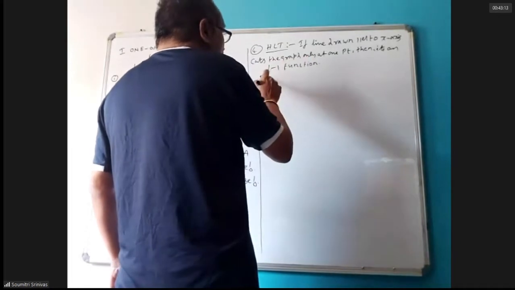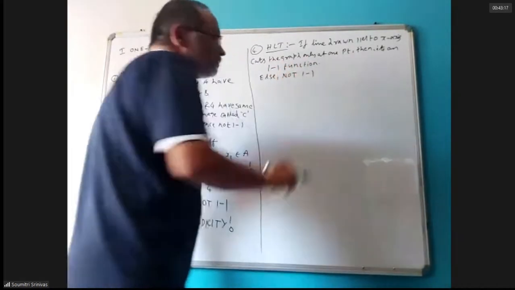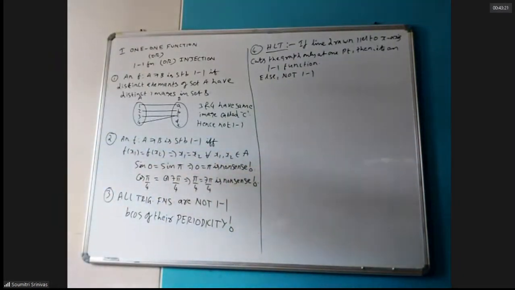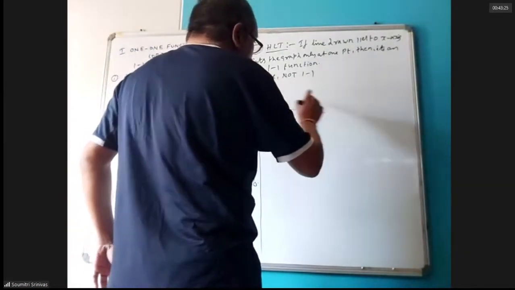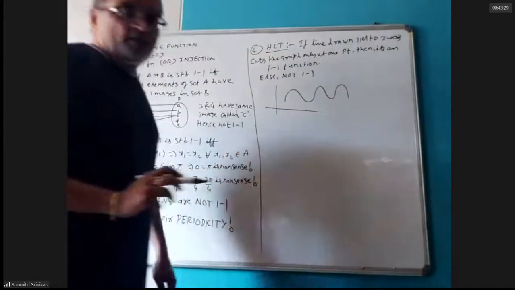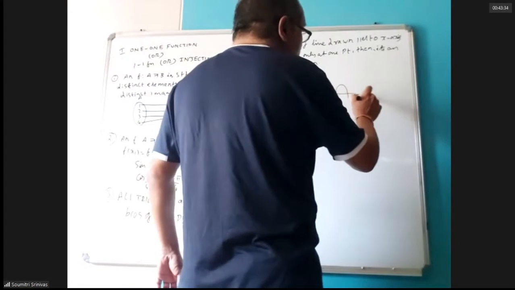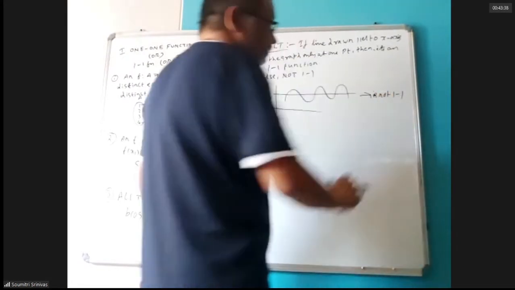Else, not 1-1. Sine curve. What can I apply? Horizontal line test. It is not 1-1.